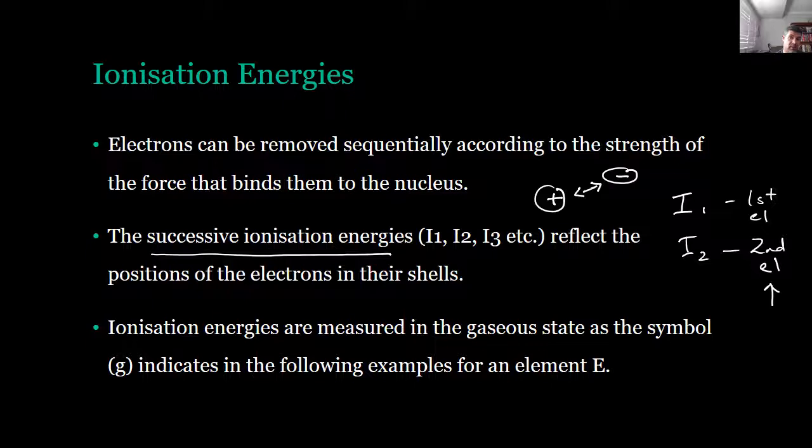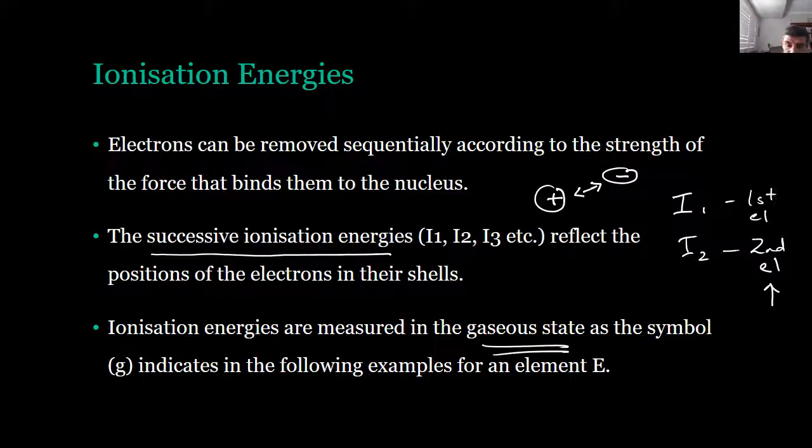The element itself is neutral. When you remove an electron, it becomes positively charged, and then we're trying to remove subsequent electrons from that positively charged ion, so we would expect their ionization energies to increase. The lowest ionization energy for any element is always its first.